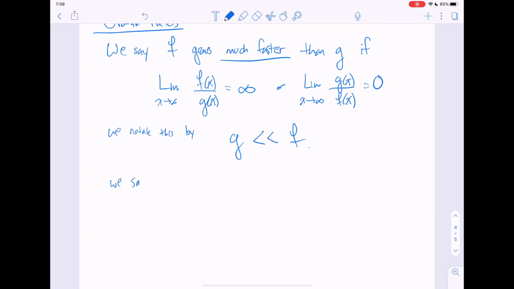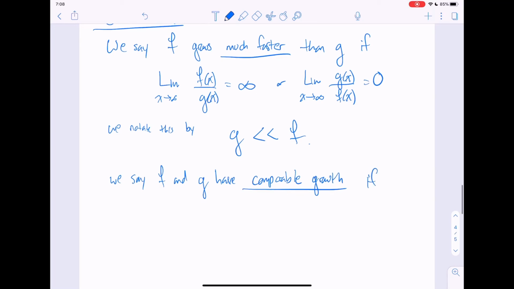So we say f and g have comparable growth if, thinking back to, for example, the limit comparison test, the limit as x goes to infinity of f of x over g of x is not 0 or infinity, but it's some number, say m, which is not quite 0 but not quite infinity.